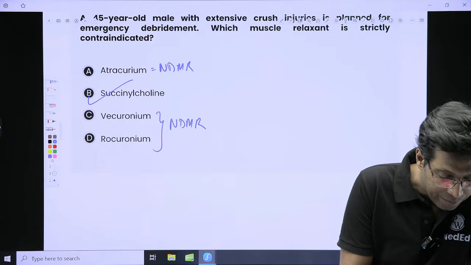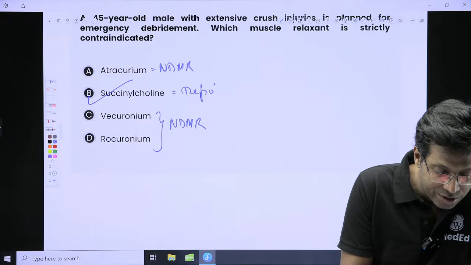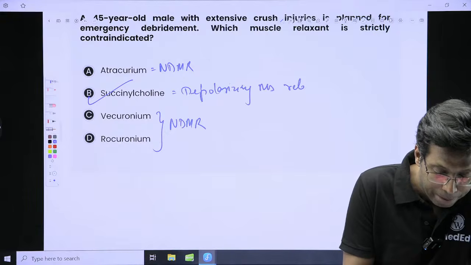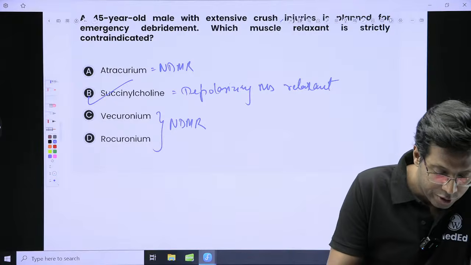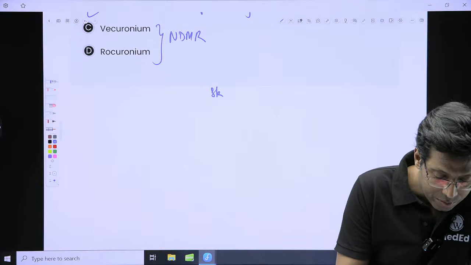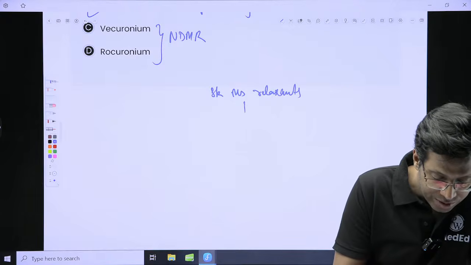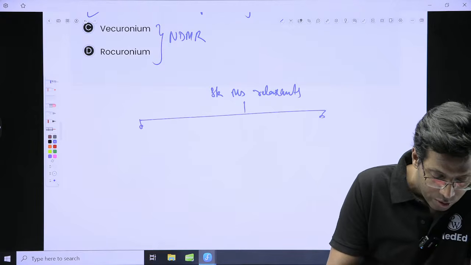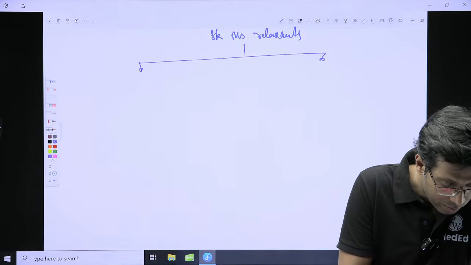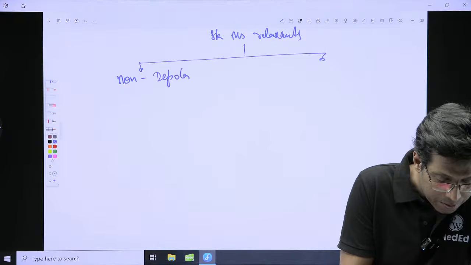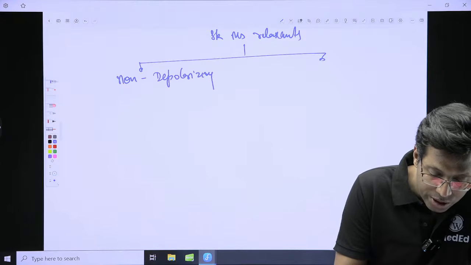Non-depolarizing. This is a depolarizing muscle relaxant. So when we speak of skeletal muscle relaxants, these are of two types. One is non-depolarizing, the other is depolarizing.